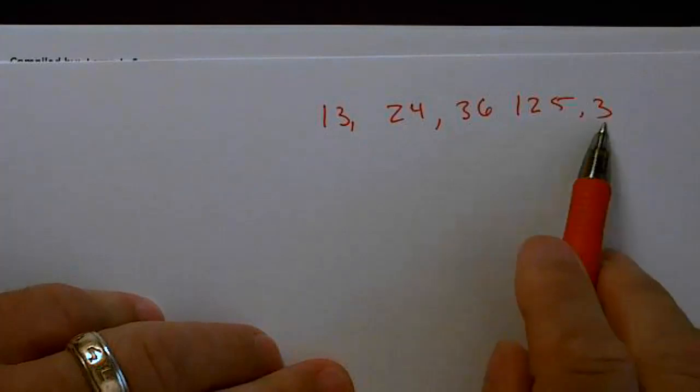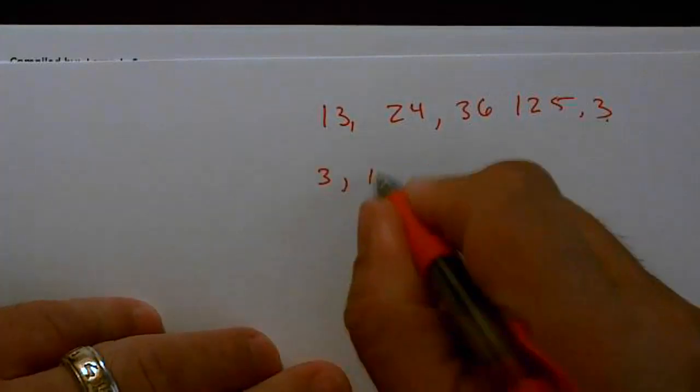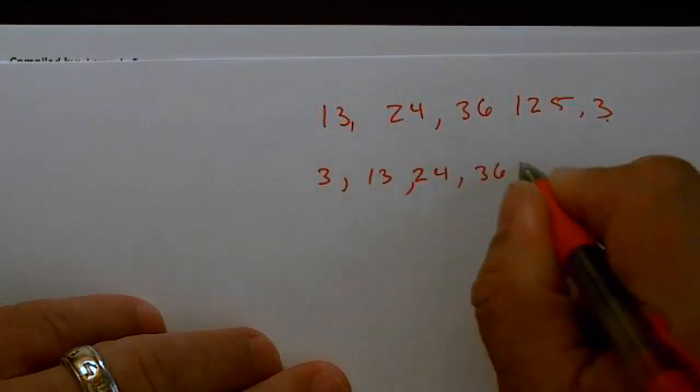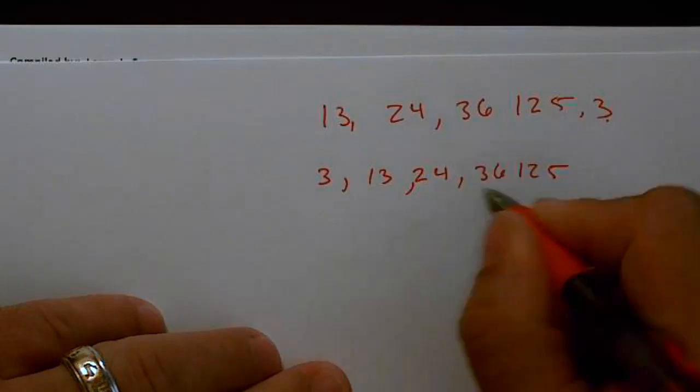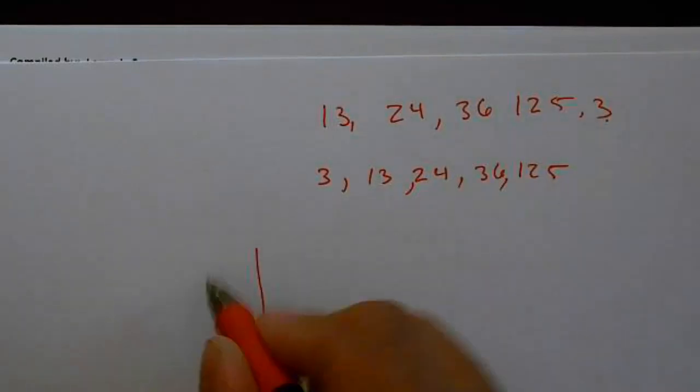My smallest number is 3, so placing them in order: 3, 13, 24, 36, and 125. All right, so my graph would look something like this.